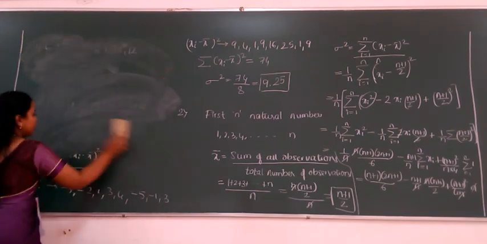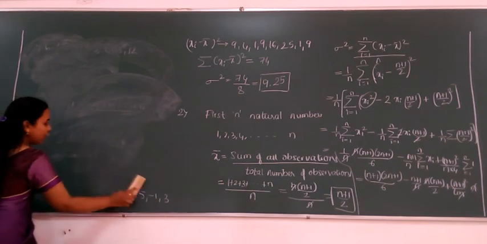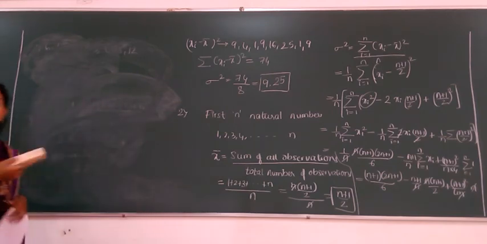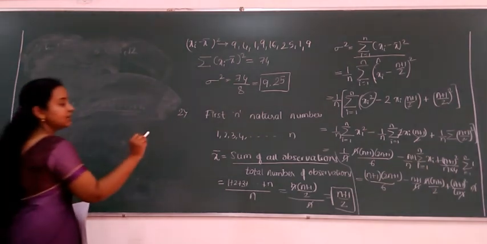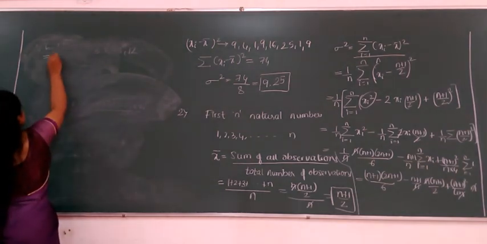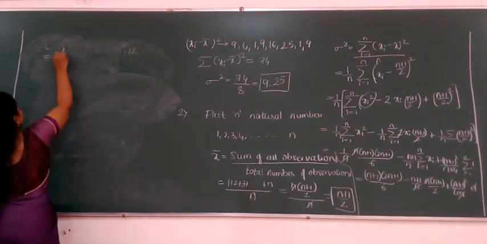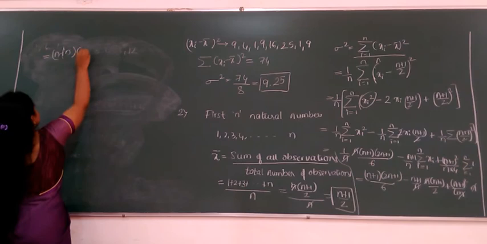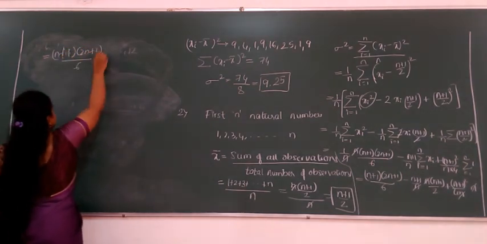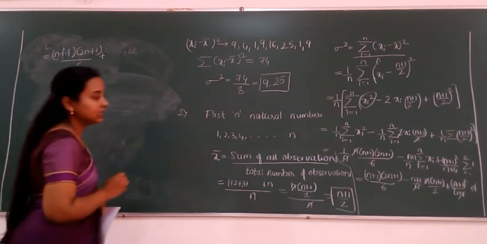What all formulas we are using, at the end of the problem I'll just write on the board. So in the first term nothing has got cancelled, so it remains as it is: n plus 1 into 2n plus 1 divided by 6. Plus, what is the next one?